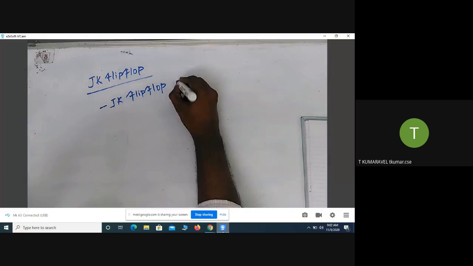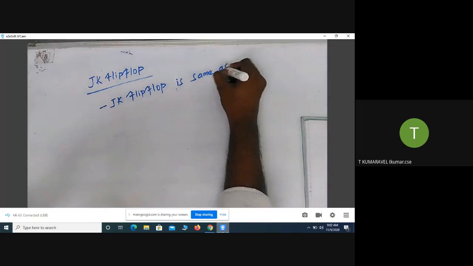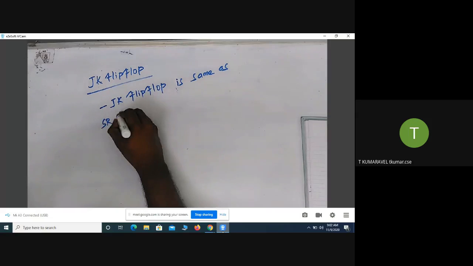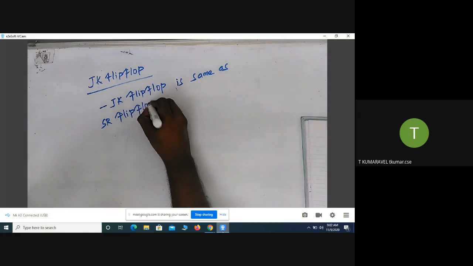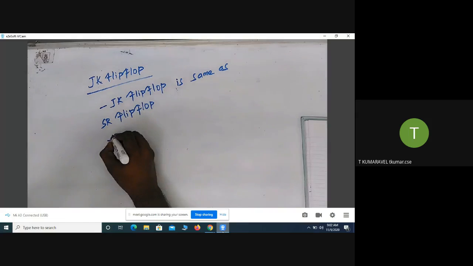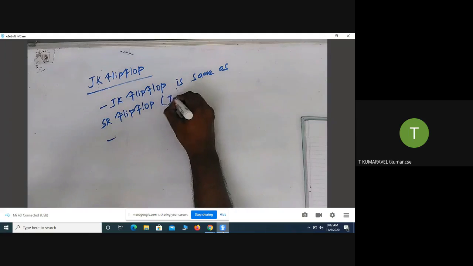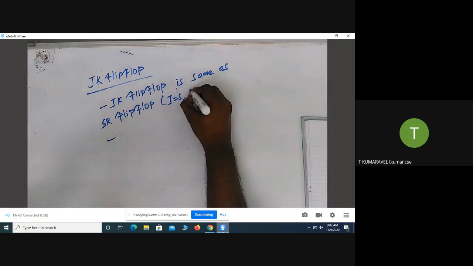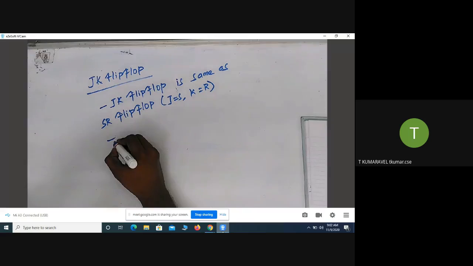The JK flip-flop is the same as the SR flip-flop. But how does it differ from the SR flip-flop? In the SR flip-flop, the case where both inputs are equal to one is not defined.